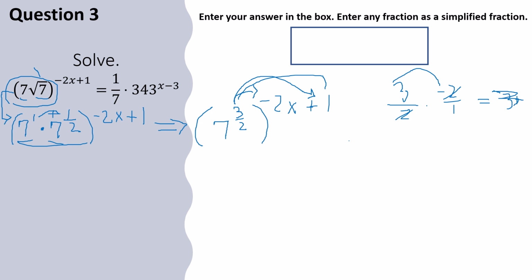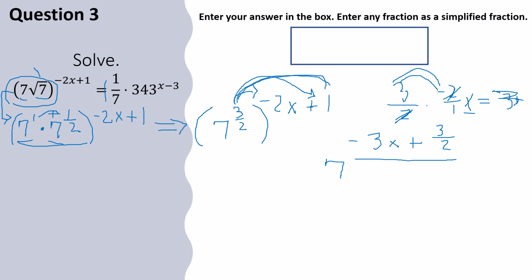Now let me write that a little bit nicer. So we've got negative 3x, because this was negative 2x. So you got that 2 that cancels. You've got negative 3, and then don't forget the x. And then when we distribute the 3/2 to the 1, it's just plus 3/2. 3/2 times 1 is 3/2. So this is 7 to the negative 3x plus 3/2.